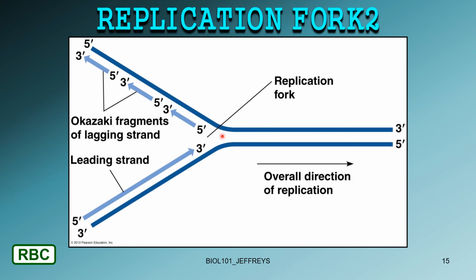Helicase is doing its job, and it's opening the fork up more. So now primase has to come back and lay down another primer. Polymerase comes back and lays down complementary bases. The fork is continuing this way. Primase comes in, lays down a primer. Polymerase comes back and lays down bases.